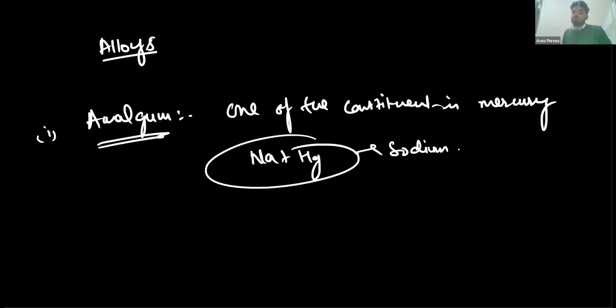So whenever you see amalgam, it means it is an alloy. Got it? Understood?